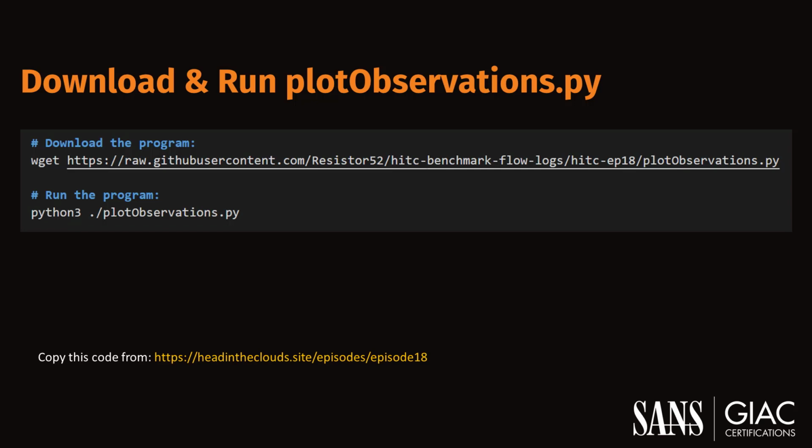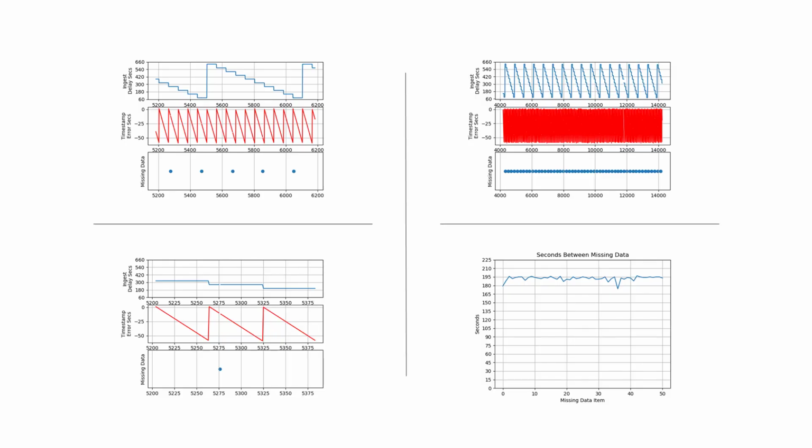Copy this program to the EC2 instance that has Scapy installed because it has the other dependencies that this Python program will need, and then run the program using python3 plotobservations.py. The program will read the log insights results CSV file and will generate the 4 plots shown below.